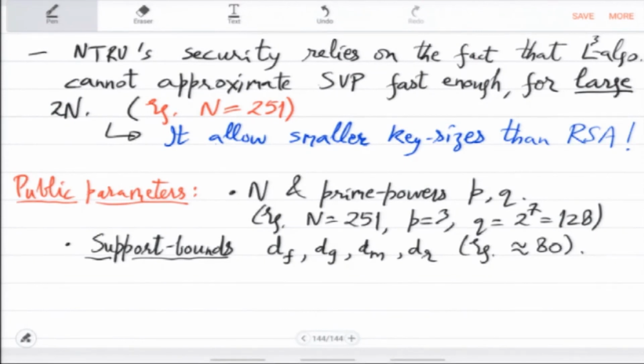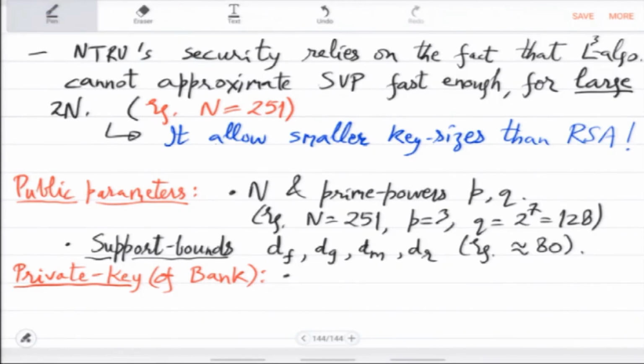What is the private key? So the private key of the bank. What does the bank keep private and will not publish?